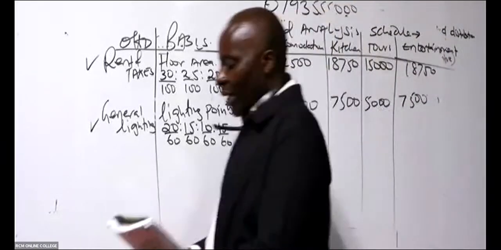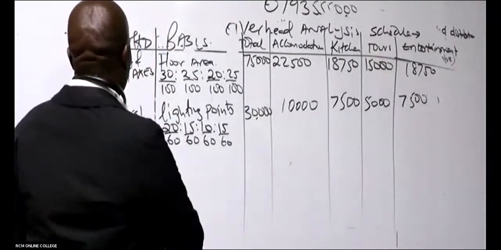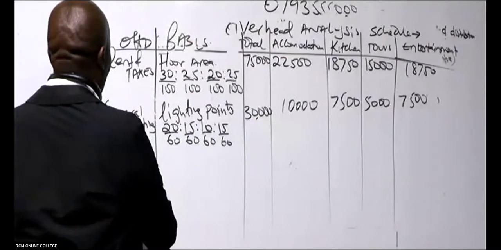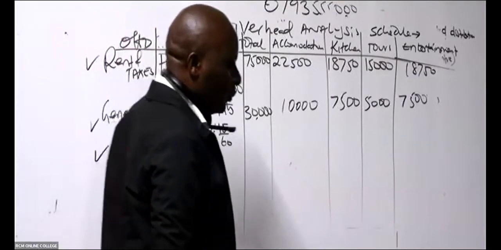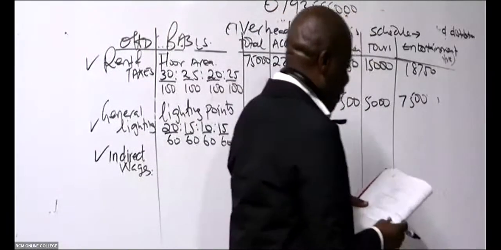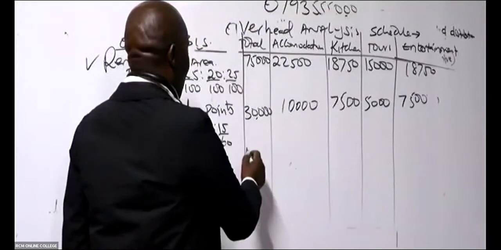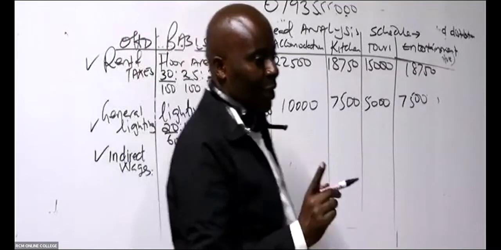We take the next one. The next one is known as indirect wages. I can see a figure of, is it 150,000? Are you able to see 150,000 for indirect wages?